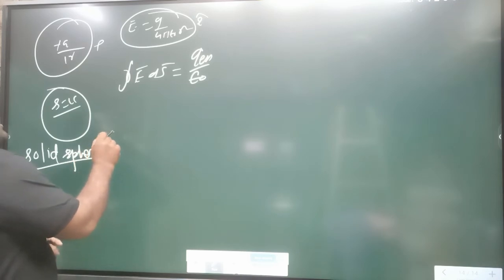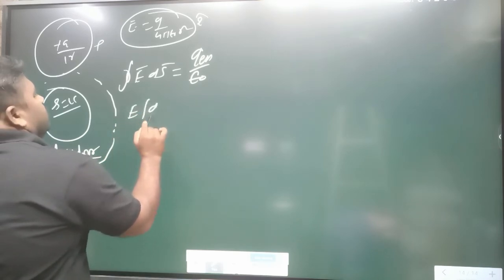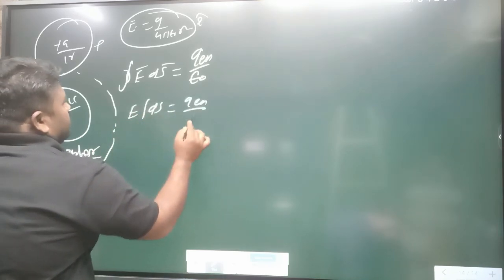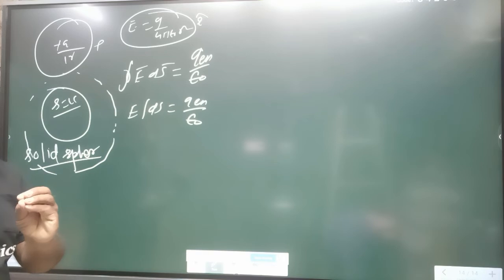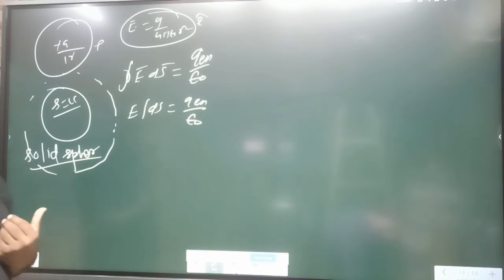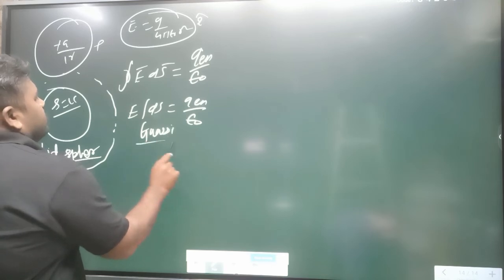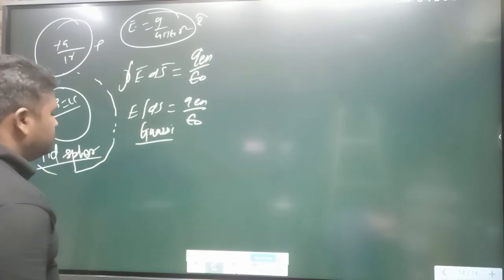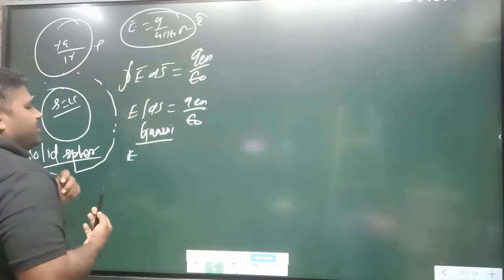Point is here. This one is a Gaussian surface. Yes or no? At each and every point on the Gaussian surface, the electric field is constant. Take it common now: dS is equal to Q enclosed upon epsilon naught. This dS is the area of the Gaussian surface.